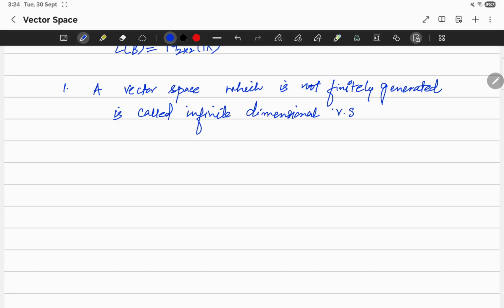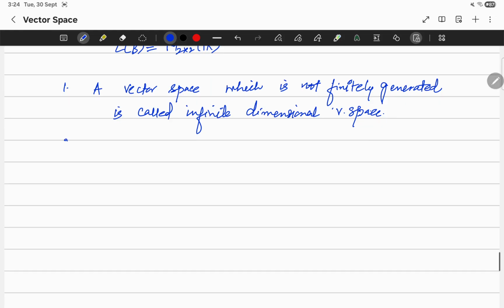If you do not get a finite set of vectors which spans the whole of the vector space, then it is infinite dimensional.